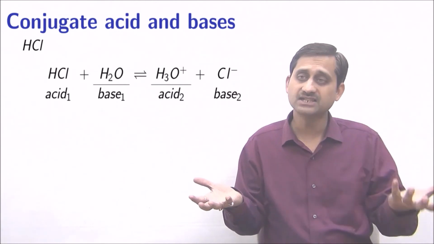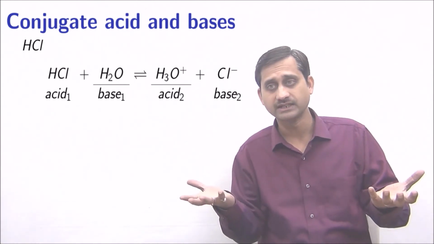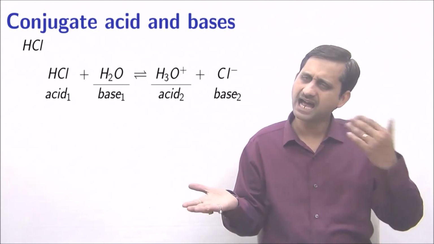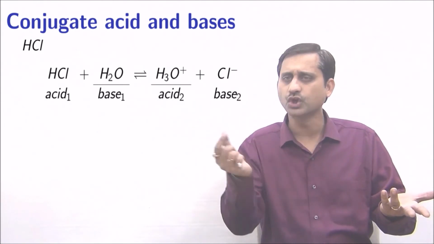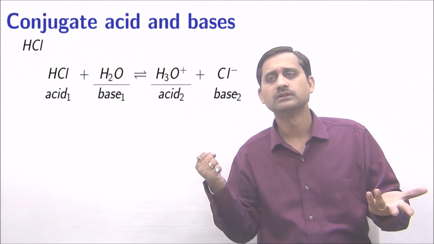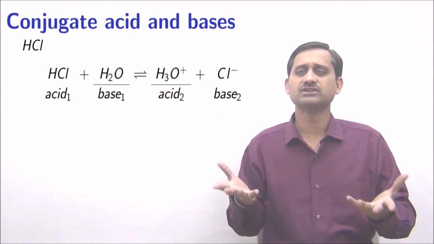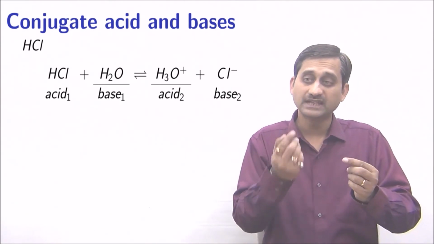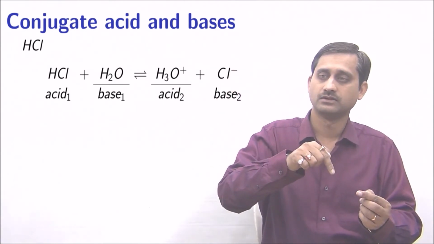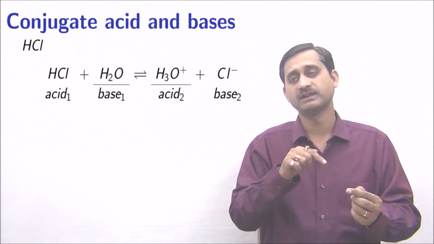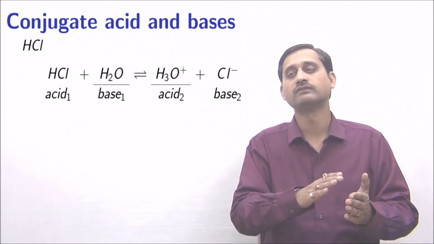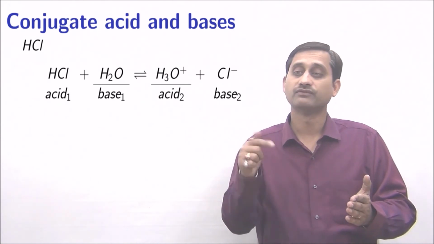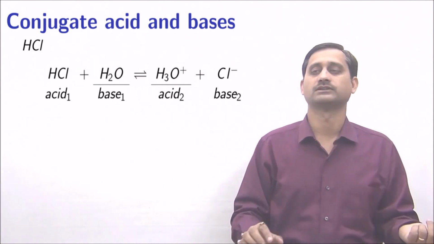But looking at the acid on the left and base on the right, we find that the base on the right is simply the acid on the left from which a proton has been removed. In the same manner, the acid on the right is simply the base on the left in which a proton has been added. Removal of a proton from an acid forms the base of the other side, and addition of a proton to a base would form the acid of the other side.